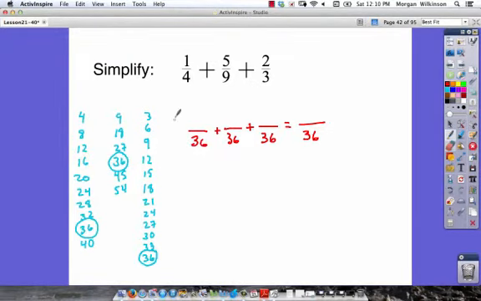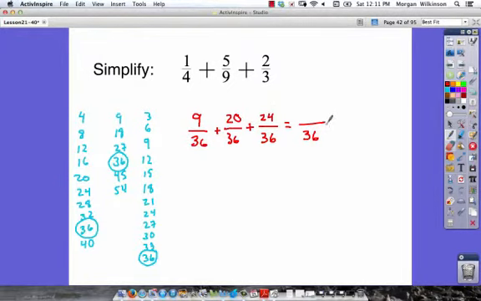Well, 4 times 9 is 36, so 1 times 9 is going to be 9. So 1/4 is the same thing as 9/36. 9 times 4 is 36, so 5 times 4 is going to give us 20. 3 times 12 is 36, so 2 times 12 is going to give us 24.